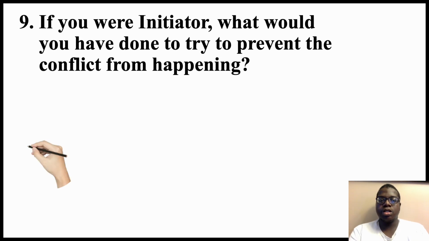Read the question. Question 9. If you were initiator, what would you have done to try to prevent the conflict from happening? Think about the snippet. Now think about responder's emotional response. What would I have done differently so that the conflict would not have happened? I would not talk to someone with a megaphone.